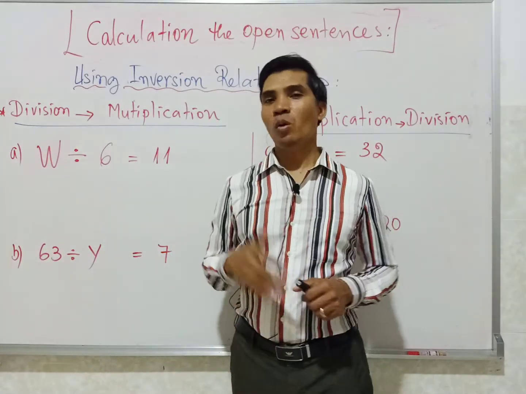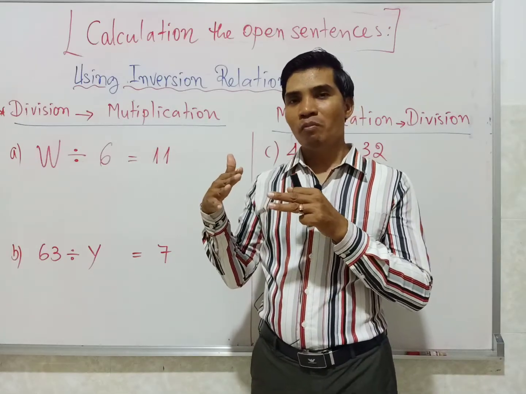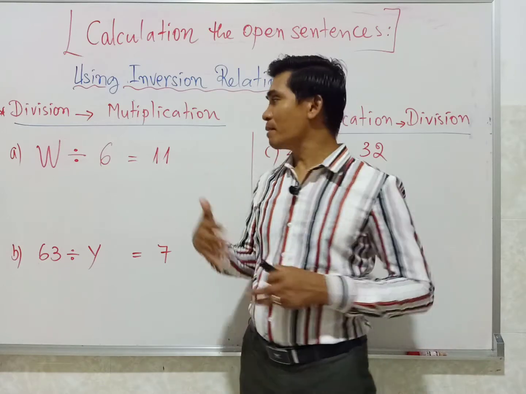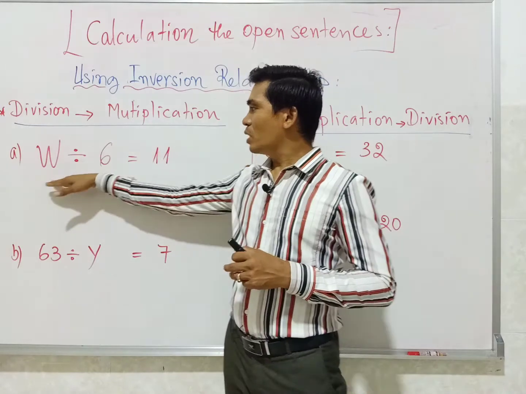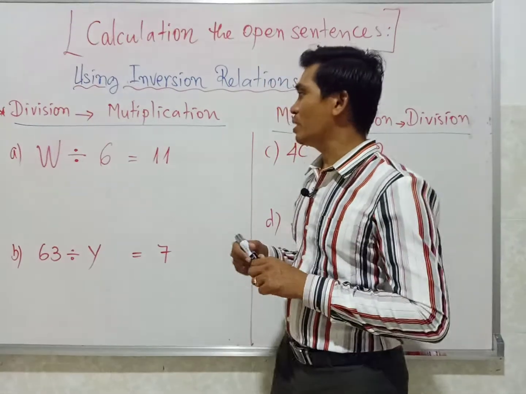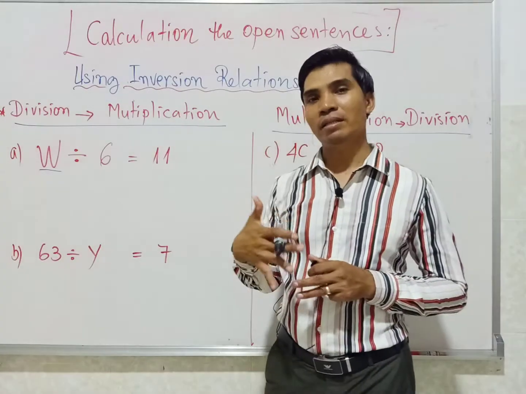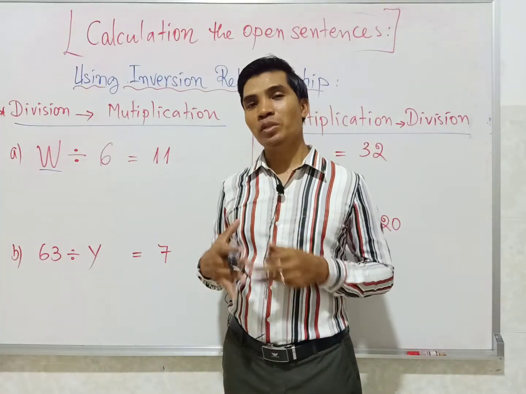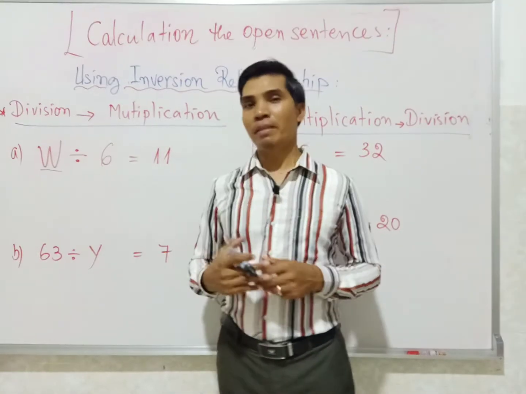It means one part of the exercise is missing and replaced by a letter. You can see here the missing number replaced by the letter, the value, okay. And then we have to find the value. So how much is the value?